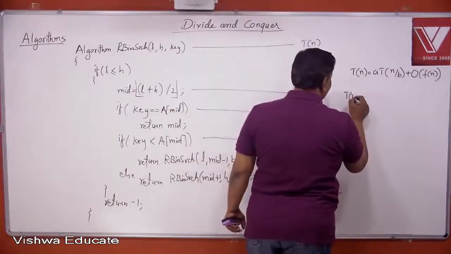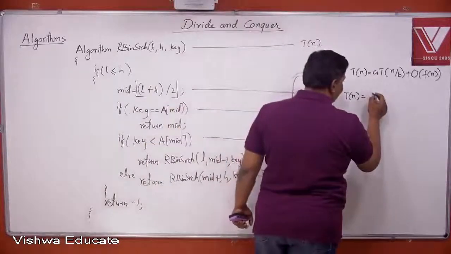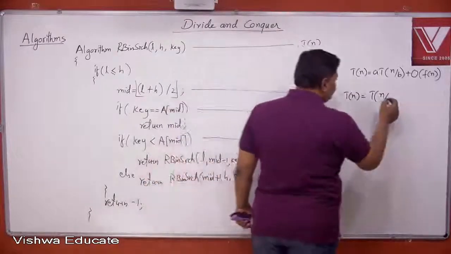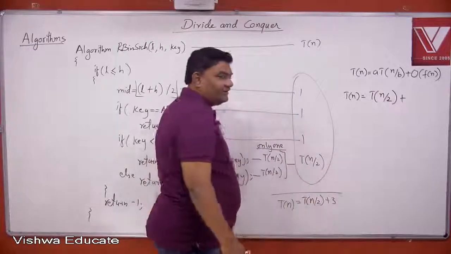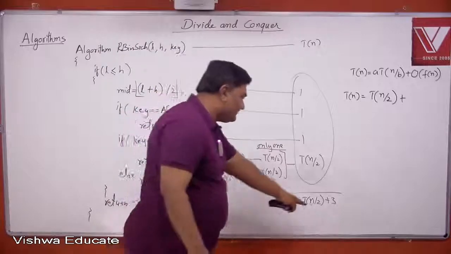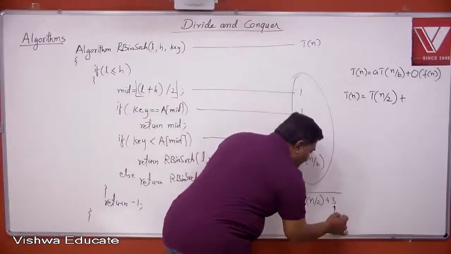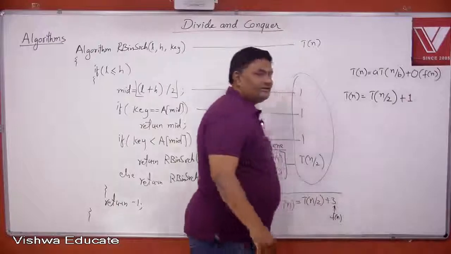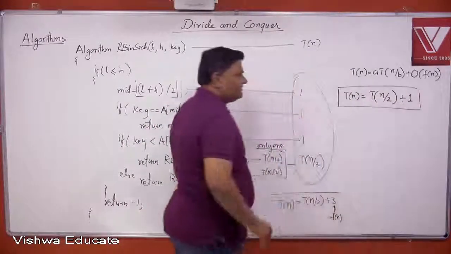Let us write it. T(n), a is 1, nothing is there. So just write T(n/b), where b is 2, plus this 3, which is f(n). Big O means it's a constant, so we write 1. This is the recurrence relation of binary search.